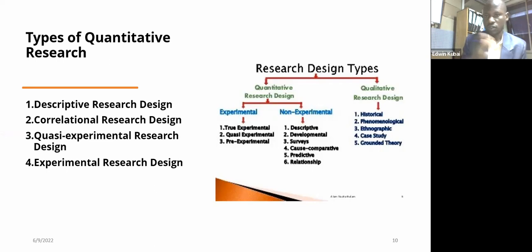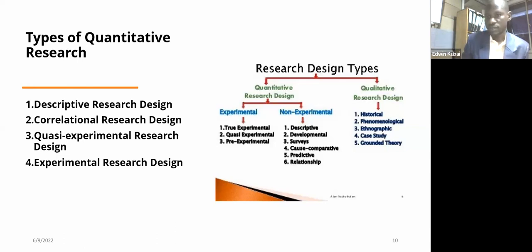There are different types. If you're going for experimental, we have true experimental, quasi-experimental, or pre-experimental. If you're doing a descriptive design, you can go for developmental surveys, causal comparative, that is a cause-effect kind of study, or a predictive study, or you can establish relationships between variables and so on.